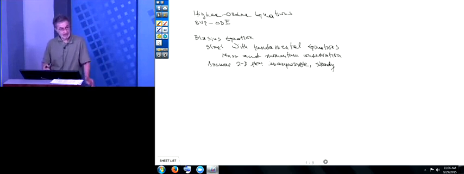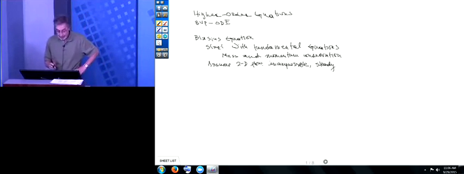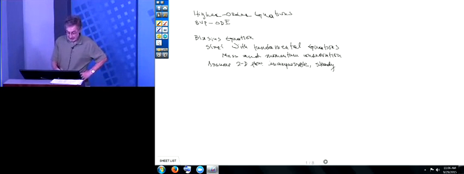Okay? These are definitely restricted conditions, but still applicable to a very wide range of very practical flow situations. And then we seek self-similar solutions.